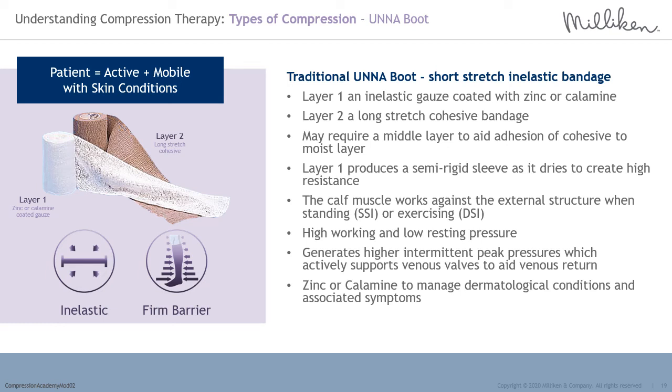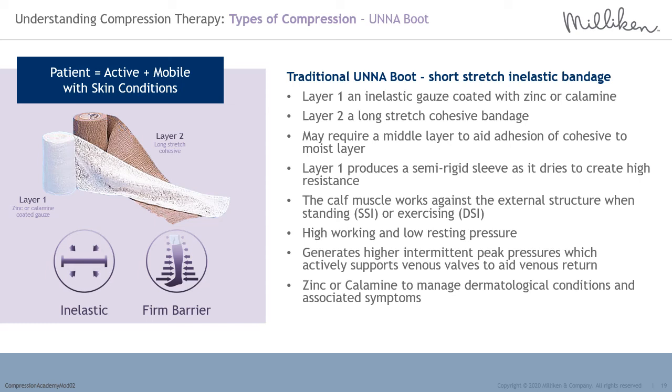Innovations have since produced a moisture-resistant cohesive layer which enables bonding over a moist layer. This allows practitioners to maintain fewer bandage layers and provide a lower profile bandage system.